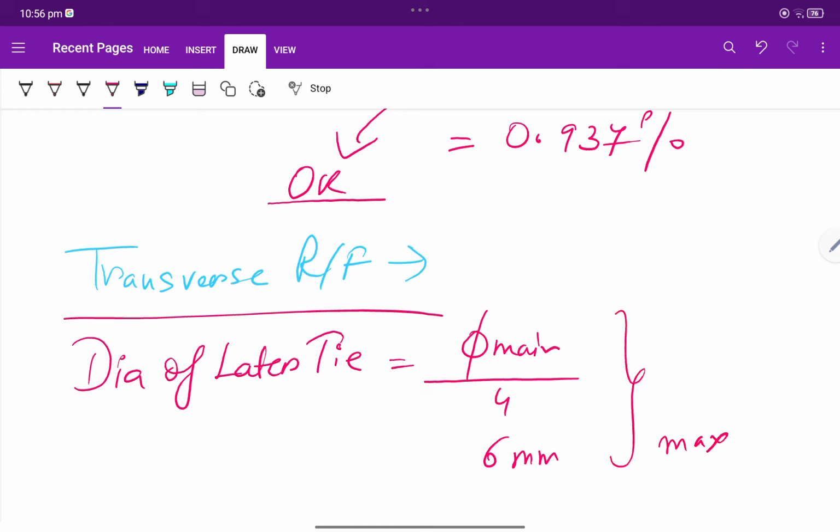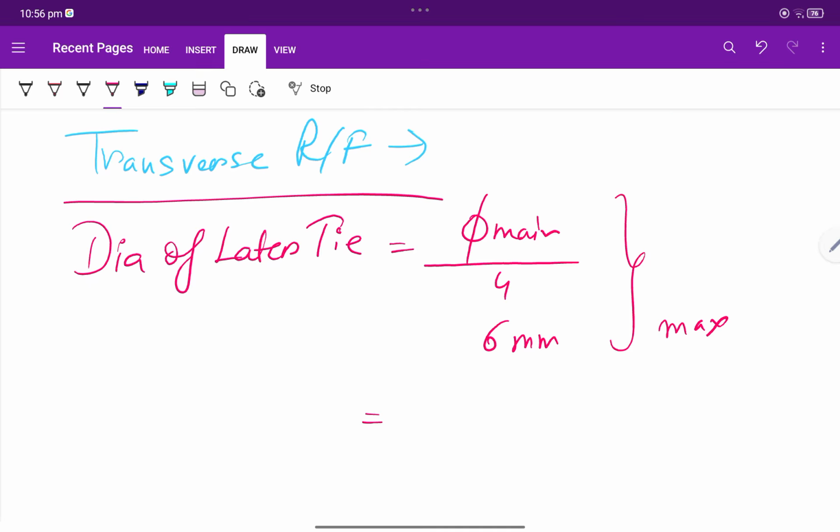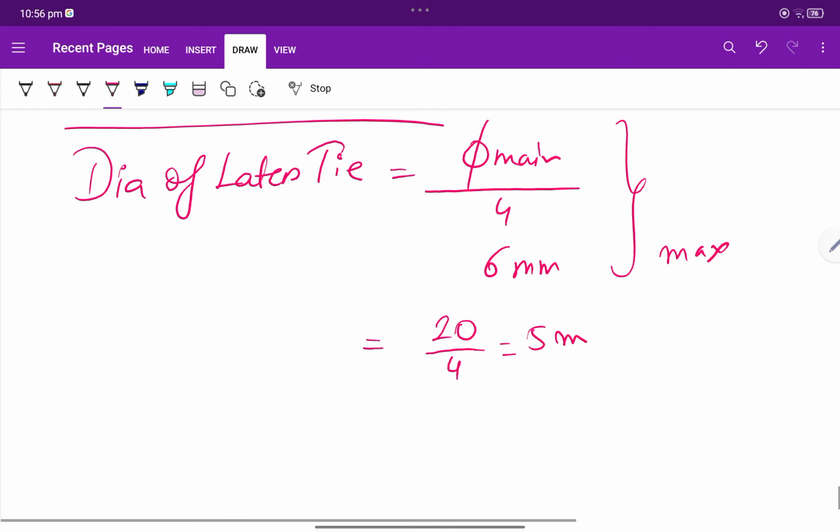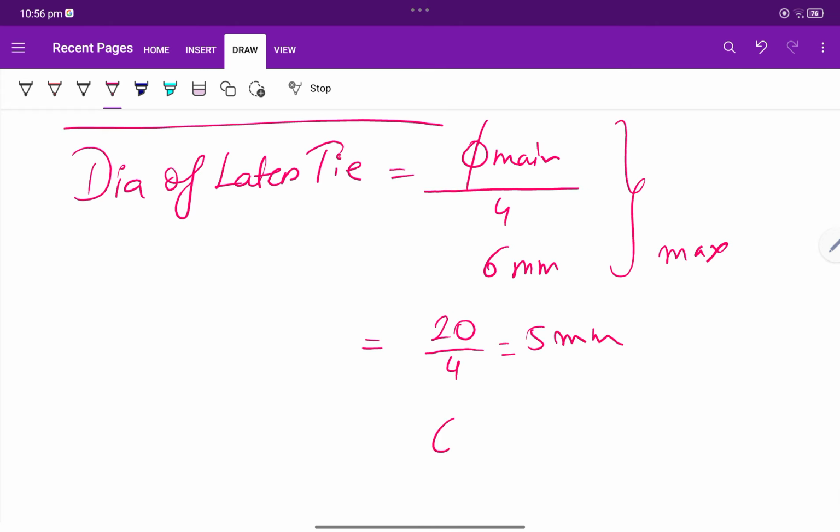So phi of main bar, that is 20 by 4, is coming to 5 mm, and the other is 6 mm. Whichever is maximum, we will take the dia as 6 mm.